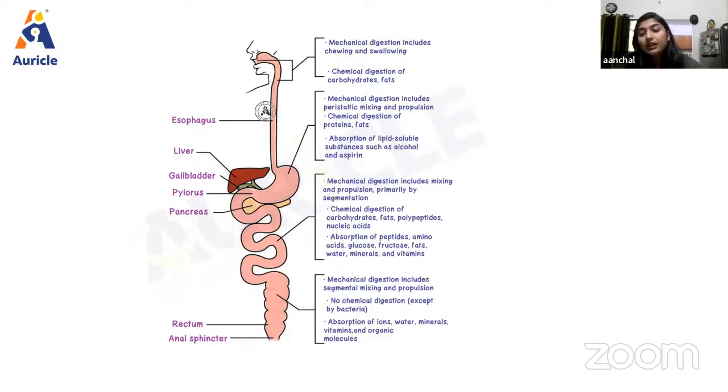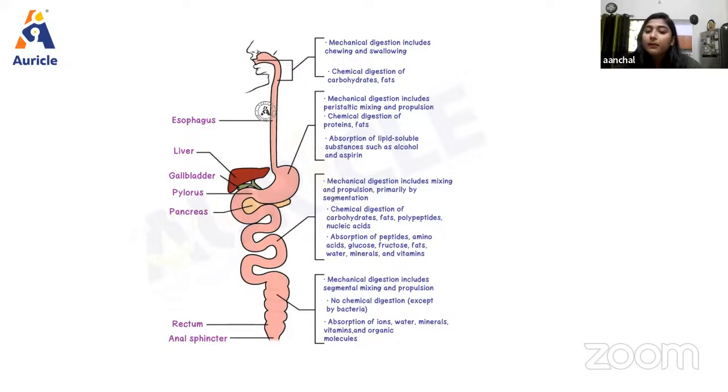We're going to discuss the segmentation movement in the class on the small intestine, and again this is a very important part for your university exams. Then chemical digestion of carbohydrates, fats, polypeptides, and nucleic acids takes place here. Absorption of peptides, amino acids, glucose, fructose, fats, water, minerals, and vitamins also takes place here.